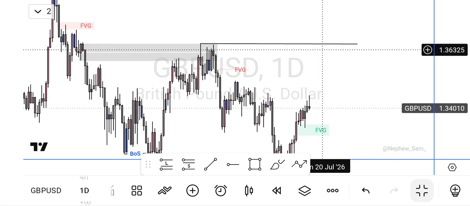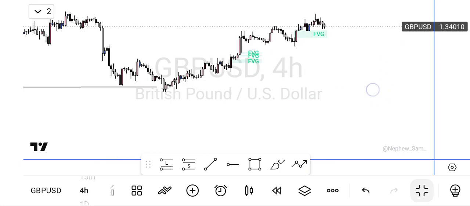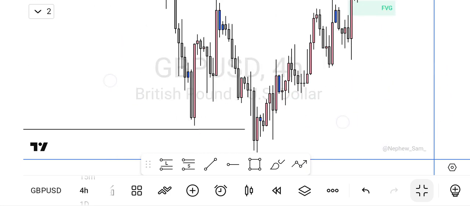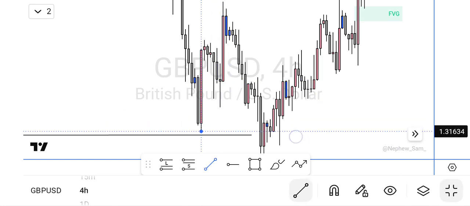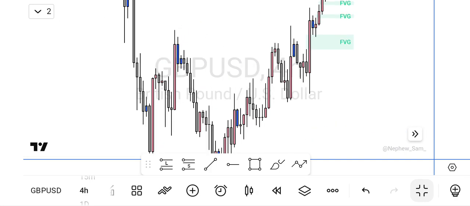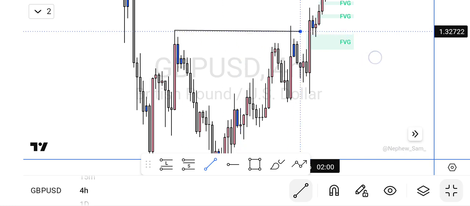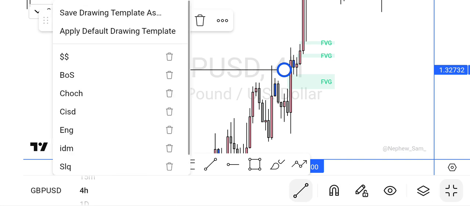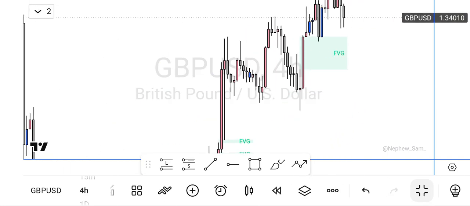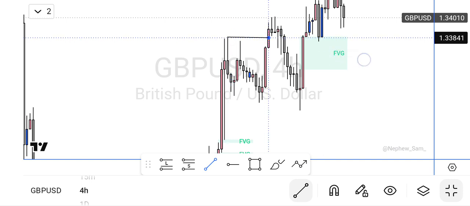So now we go to the 4 hours to see if we can get that buy. From the 4 hours, the same thing: we have the most recent break of structure here, and the first break above it is the change of character. This is the second break, which confirmed that price truly wants to go bullish.